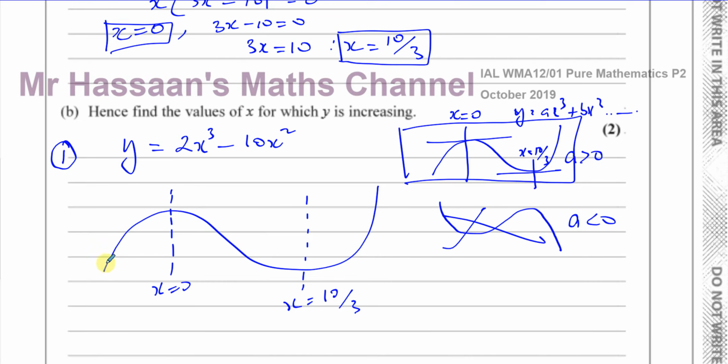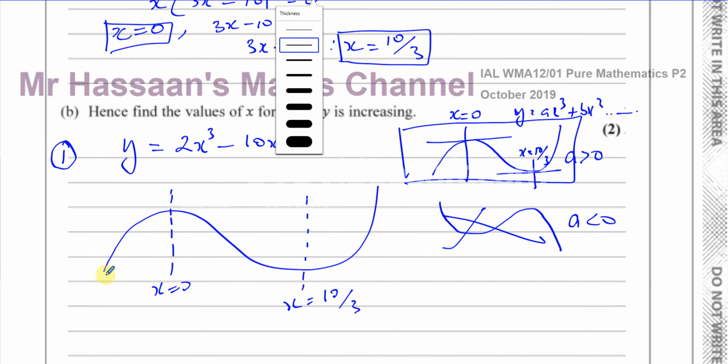So in this area, y is increasing, and in this area, y is decreasing. It's getting less and less, and then it stops increasing or decreasing. Then it starts to increase again. So we can see that it's increasing in this area over here, and increasing in this area over here.